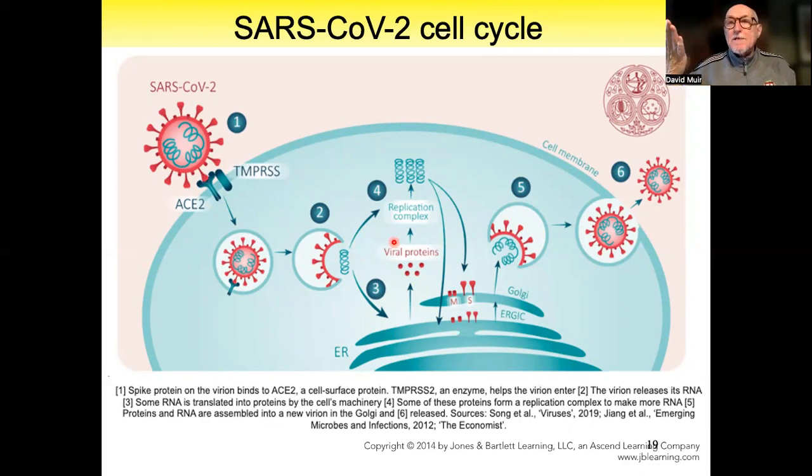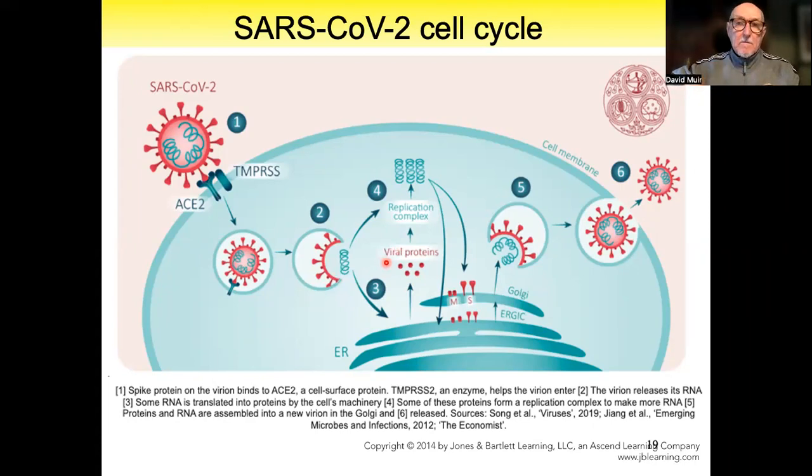Now, the genome is a positive strand mRNA, and it's immediately translated by the host ribosomes. So the first thing that happens when it's translated is that it produces a special RNA-dependent RNA polymerase that reads off many copies of the viral genome in the cytoplasm.